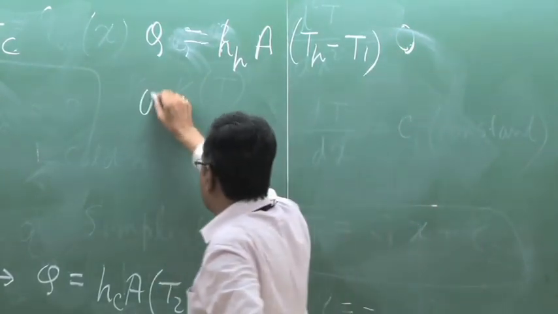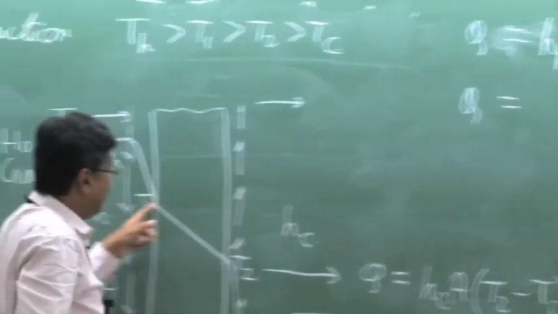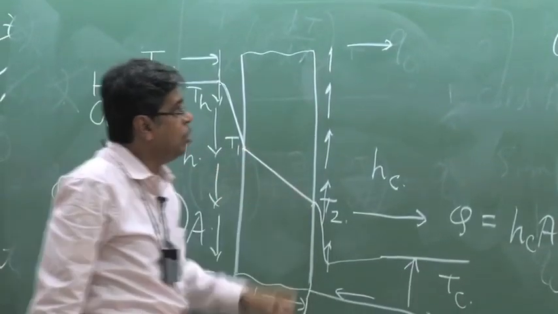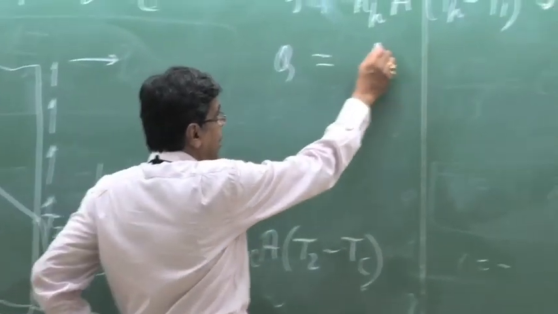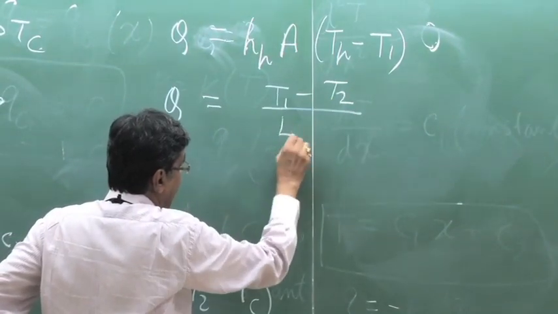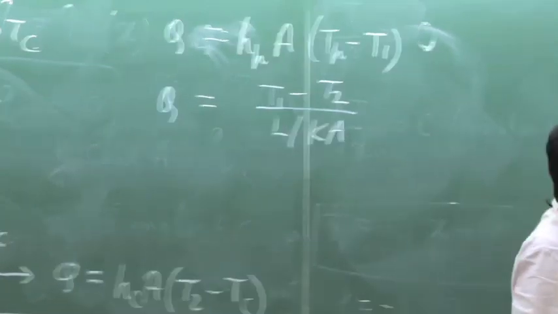The same heat flux Q now goes from this surface to this surface, flows by conduction, which is nothing but T1 minus T2 divided by L by Ka, which we already deduced here.